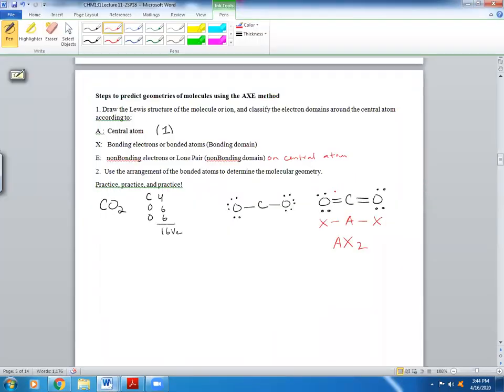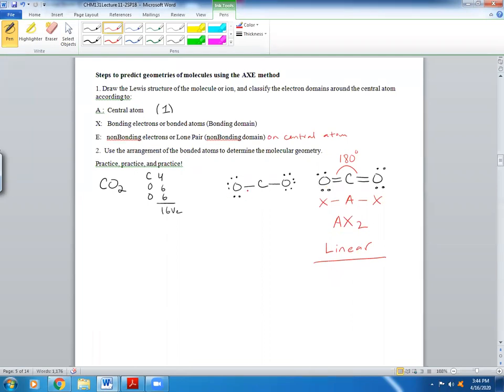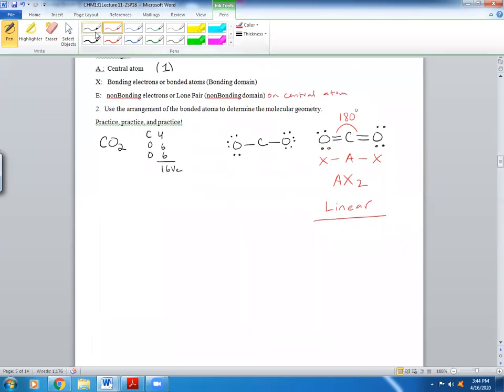So this is called linear. Here's the angle, 180. And the geometry is called linear. That's it. So visualize it. It's a flat molecule, 180 between this oxygen and the other oxygen.